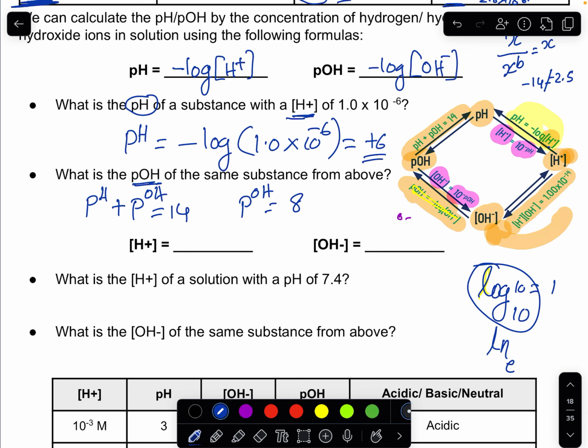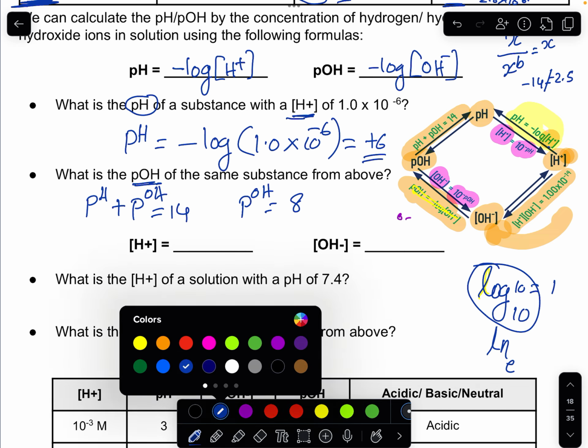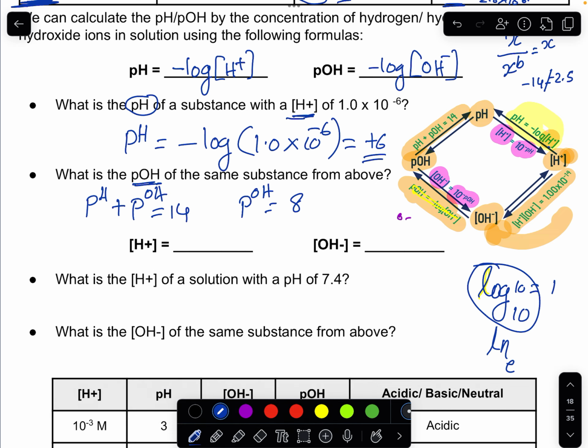Just go down and write the equation. H plus is equal to 10 to the power of negative pH. That is, we are taking something called the anti-log. It is the inverse of log, okay? So then OH minus is equal to 10 to the power of negative pOH.